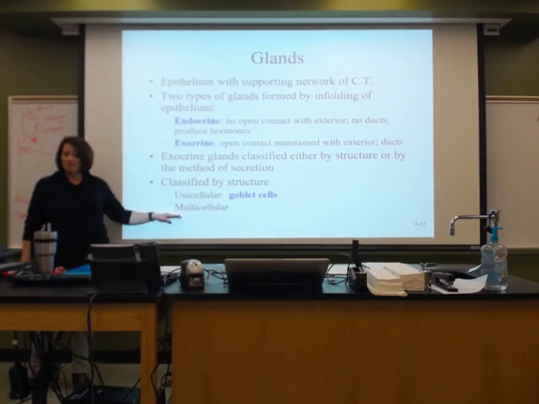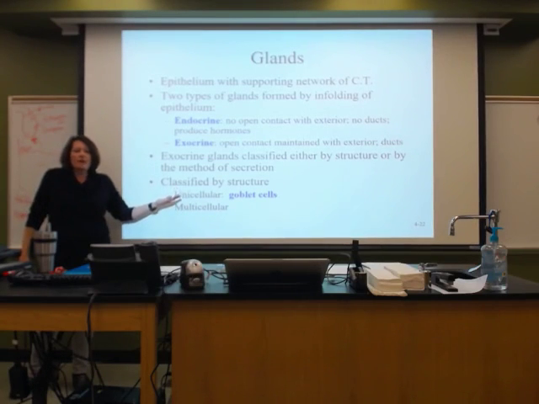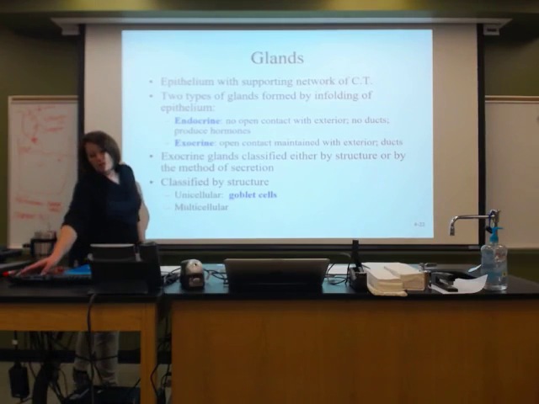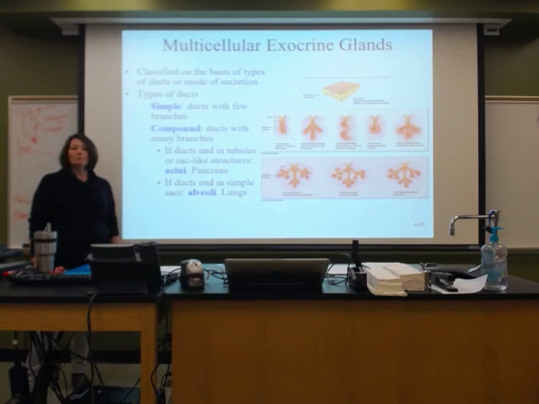Everything else we're going to see for glands, what kind of glands lead to the outside of our bodies? Sweat glands. Oil glands. These are multicellular glands. And their method of secretion, oh yeah. So, multi-celled exocrine glands.